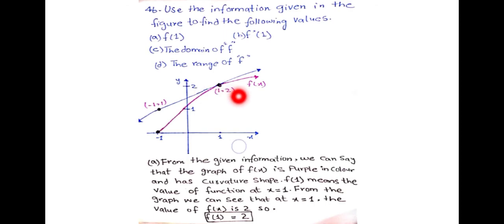From the given information we can say that the graph of f(x) is purple in color and has a curved shape, and f(1) means the value of the function at x equal to 1. From the graph we can say that at x equal to 1, the value of f(x) is equal to 2.